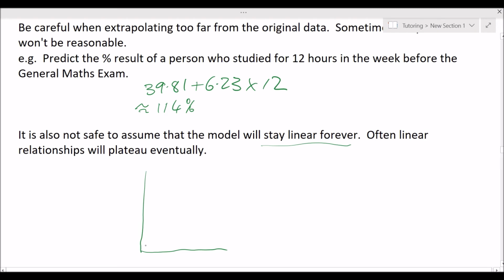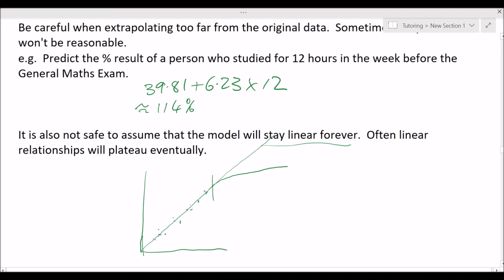As you spend more time working on your skill, you will get better at it, and you'll see this excellent linear progress. At some point, however, you will still get better, but you're kind of reaching your potential, so it flattens out. So whilst you can use a linear model between here and here, you cannot use the linear model further on because, as you can see, it's changed. So be careful extrapolating too far away from your original data.